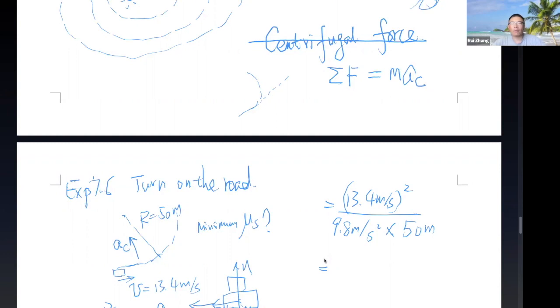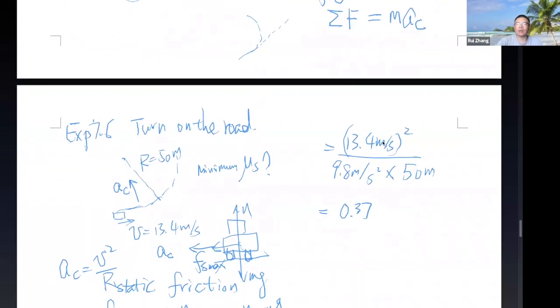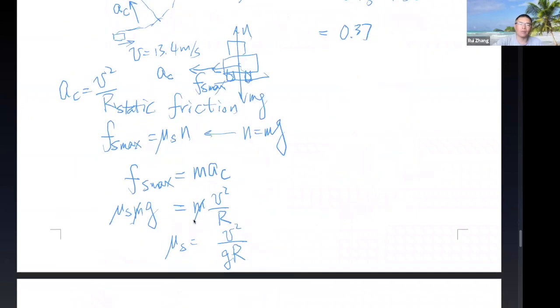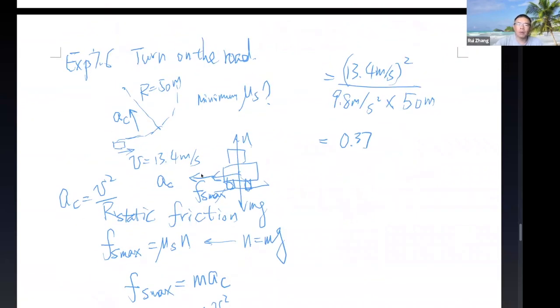So you got 0.37, okay? And there's no unit for it. As you can see here, meters squared per second squared divided by meters per second squared and meters, and the unit simply cancels out. So what is left is simply 0.37, and that is the value for mu s. So that's the minimum mu s you need, okay?